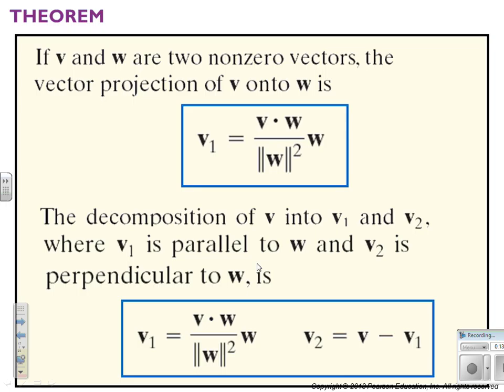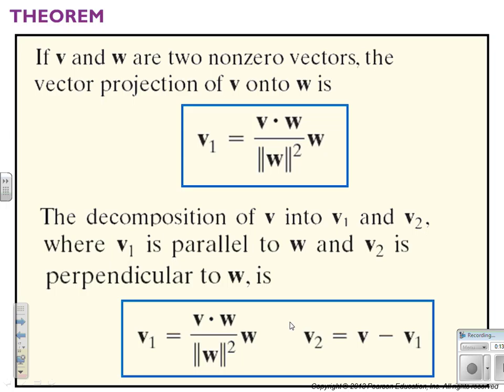The decomposition of v into v1 and v2, where we take our vector and split it into two components, where v1 is parallel to w and v2 is perpendicular to w: v1 is equal to this quantity, so this gives you a value, and then times the vector w.